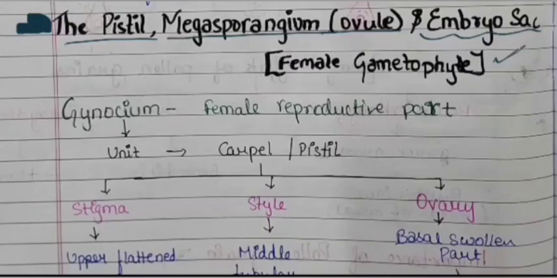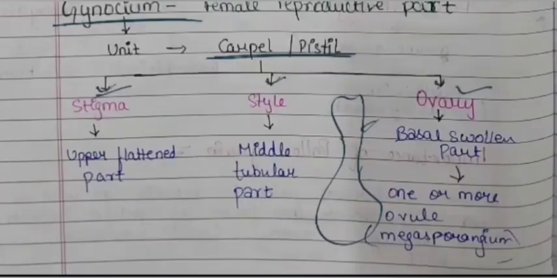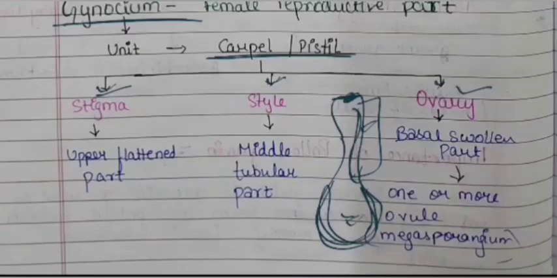Okay, so gynoecium is basically a group of carpels or pistil, which consists of stigma, style, and ovary. This is the stigma, the upper flattened part, this is the style, the middle tubular part, and the ovary, the basal swollen part, which consists of one or more ovules.